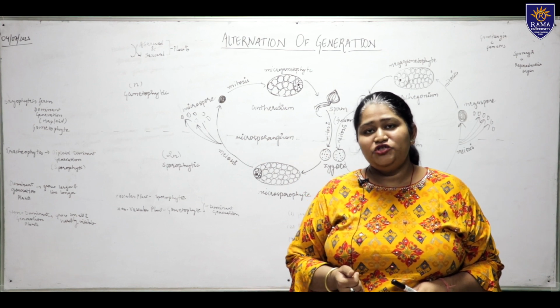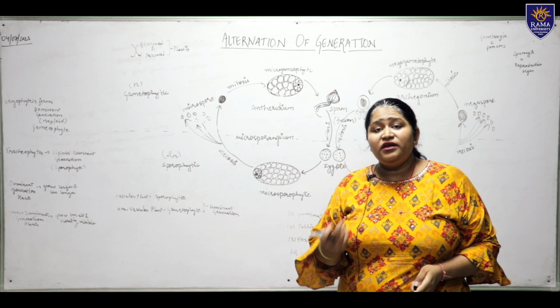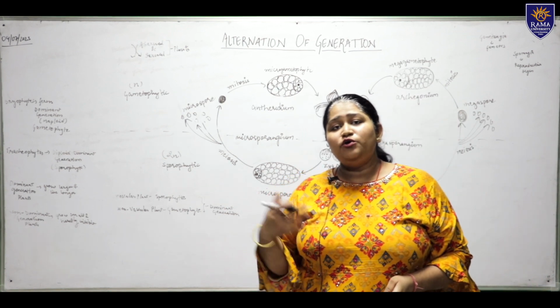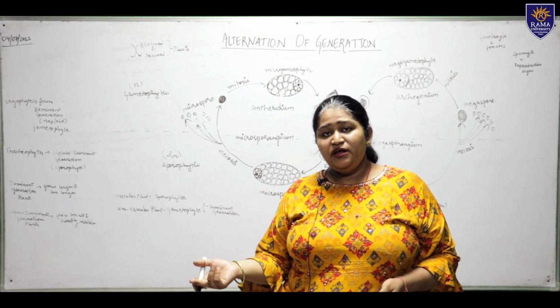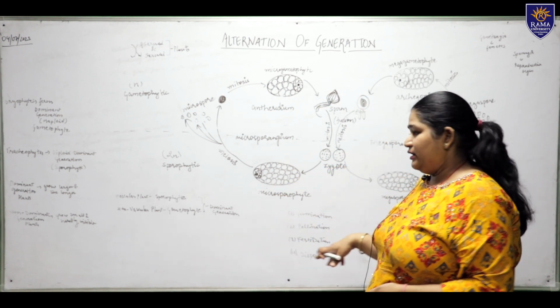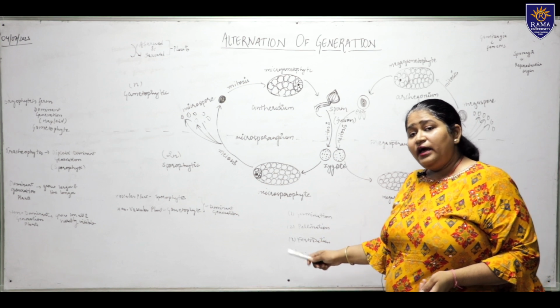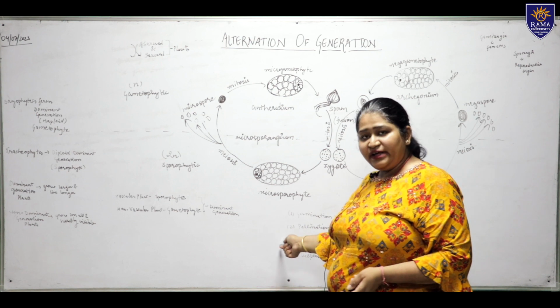After that comes pollination, where the pollen is transferred from one plant to another through wind or insects, and then passes through the stigma to the ovary, where pollen and egg fuse and form a zygote. That process is known as fertilization.